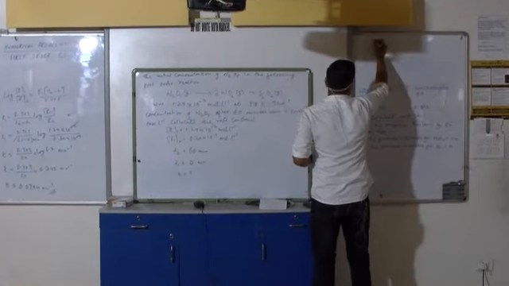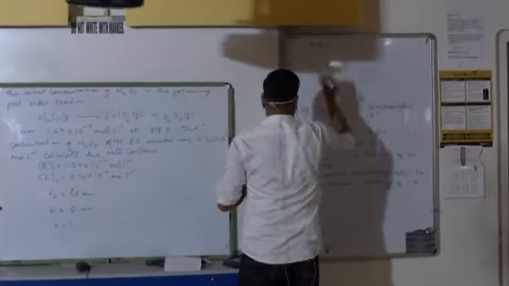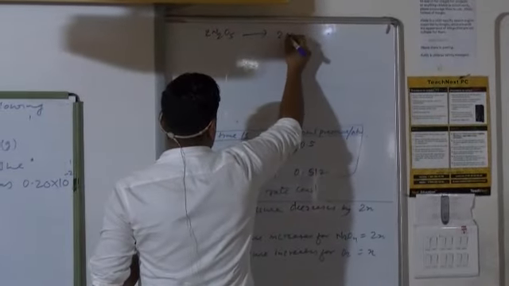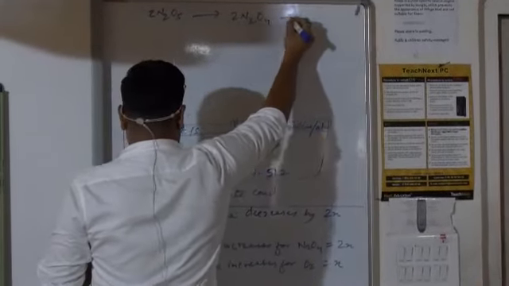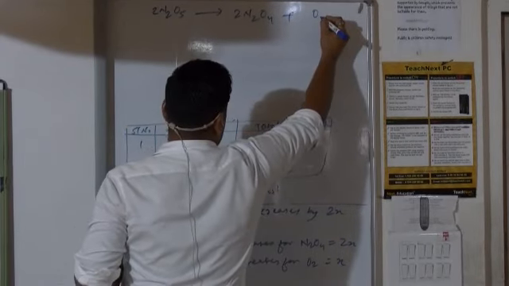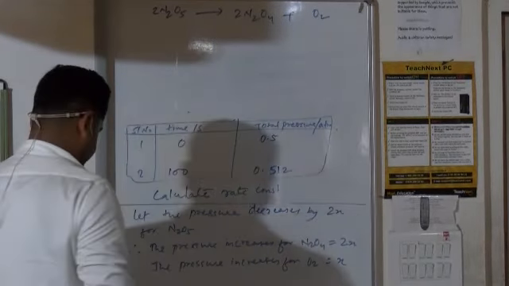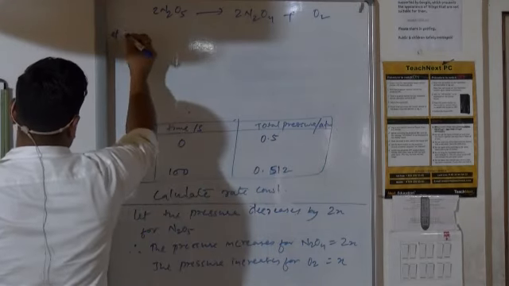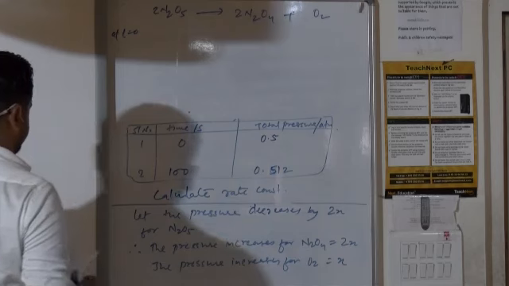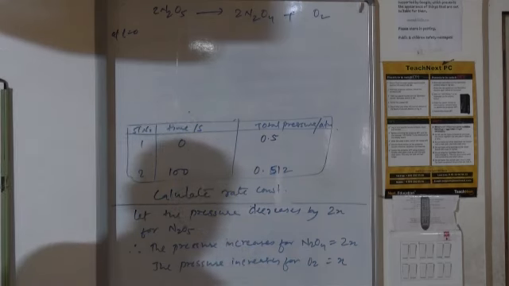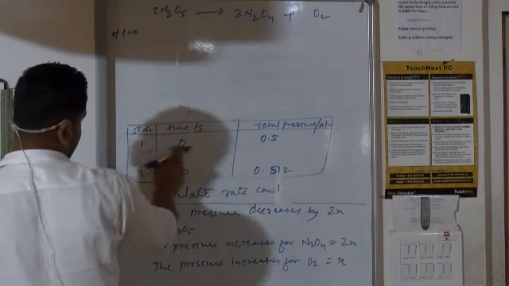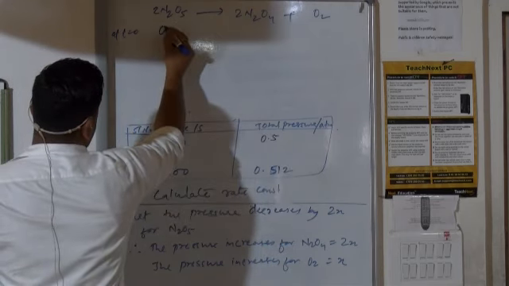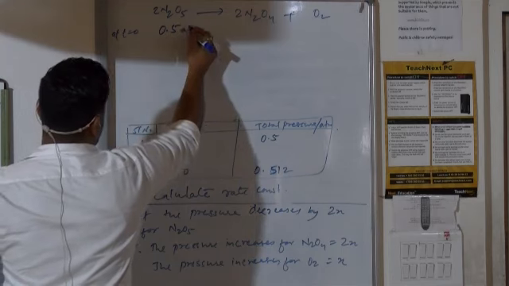Let me write the equation. 2N2O5 gives you 2N2O4 plus O2. At T equals 0, what is the total pressure here? 0.5 atm.